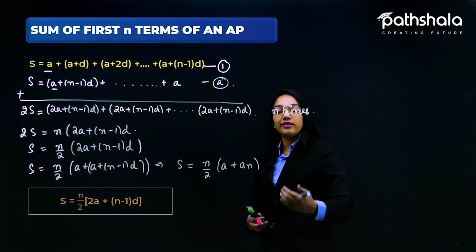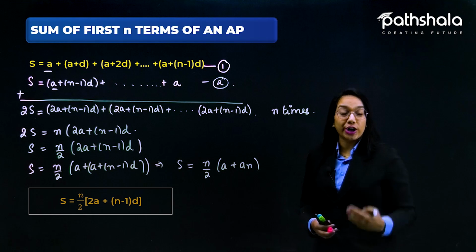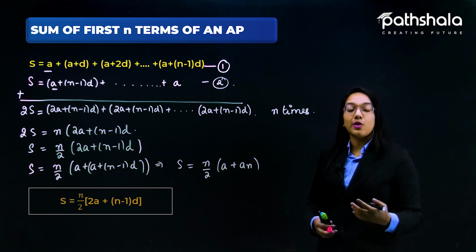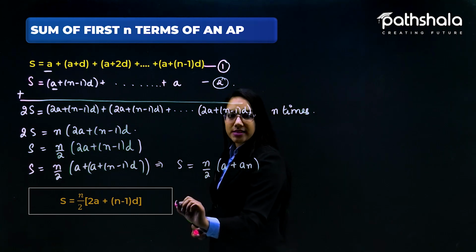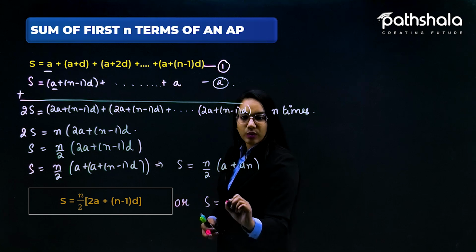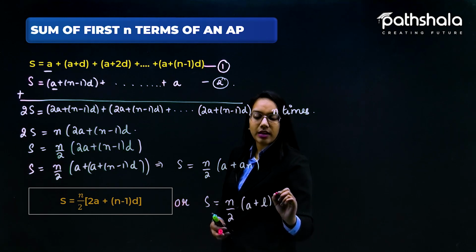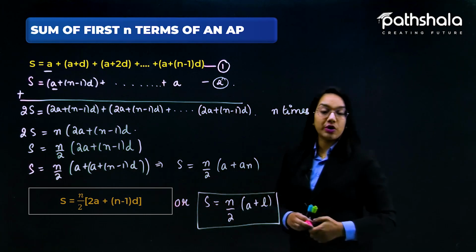We can also write this formula if the last term of the arithmetic progression is given to us. The last term is also represented by L. So we can represent this formula as S is equal to n by 2 into a plus L, if L, being the last term, is given to us in the question.